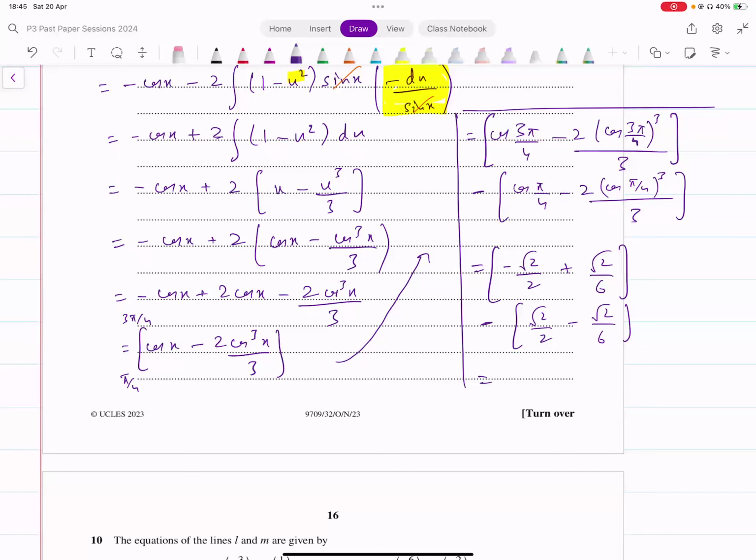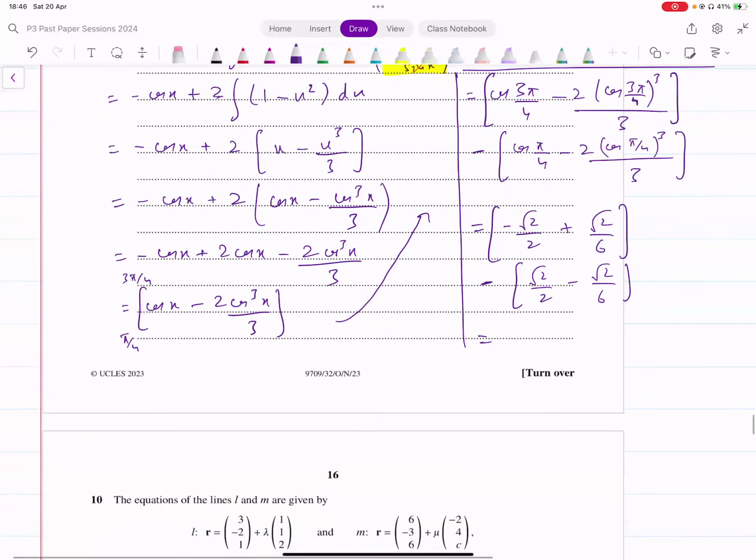Let's just put this on our calculator now. Minus under root 2 over 2 plus under root 2 over 6, it's a very unfair question, by the way, plus under root 2 over 6 minus under root 2 over 2 plus under root 2 over 6.